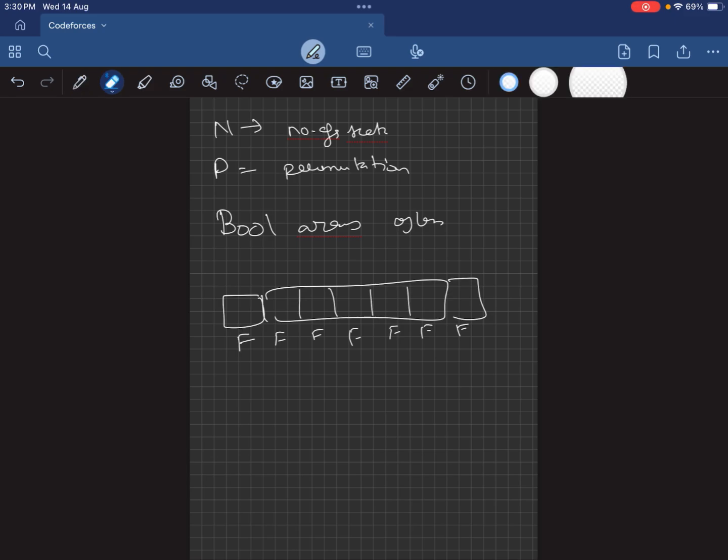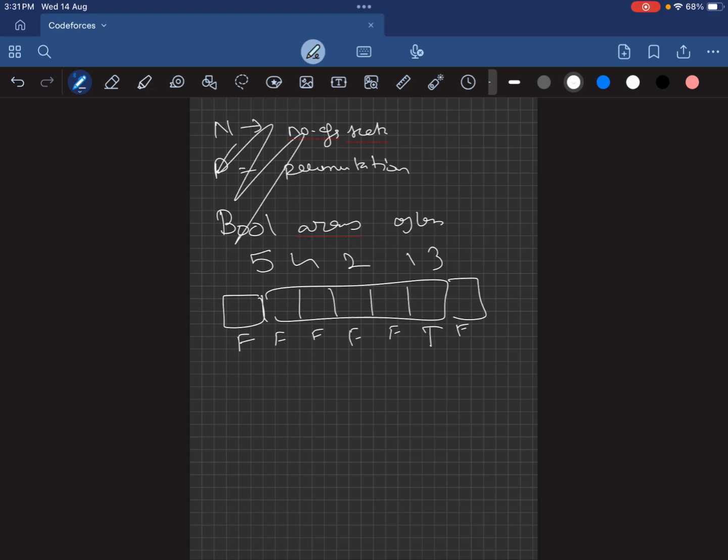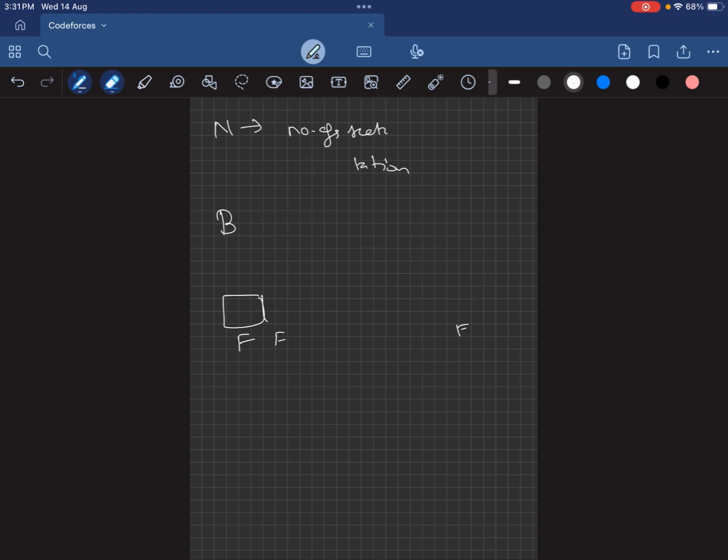In the previous example, 5 will be marked true initially. The only thing we now need to check is that for a given number, if either of its neighbors is true, we make it true, and if both the neighbors are false, we break and say that it is not possible. That is all we need to check. So that was question number 2.